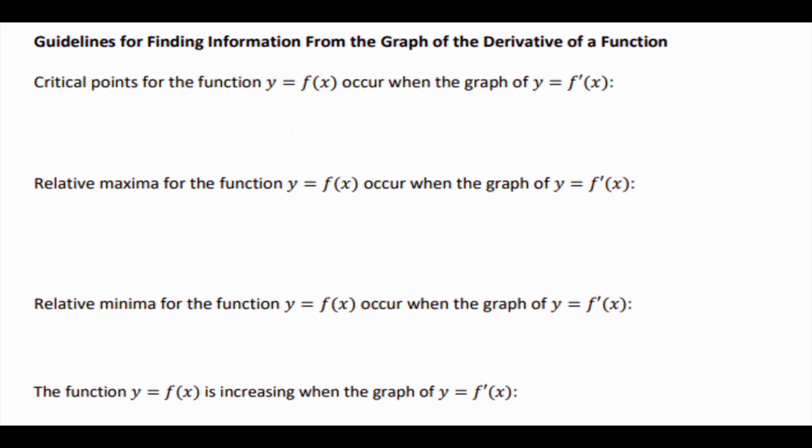If I want to find critical points, where did I look? We did critical points, right? For question A, we found 3 critical points at 2, -4 and 0. Where did we look on the graph? Yes, where f prime of x equals 0.